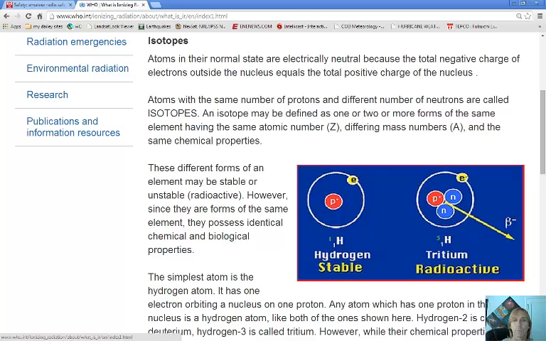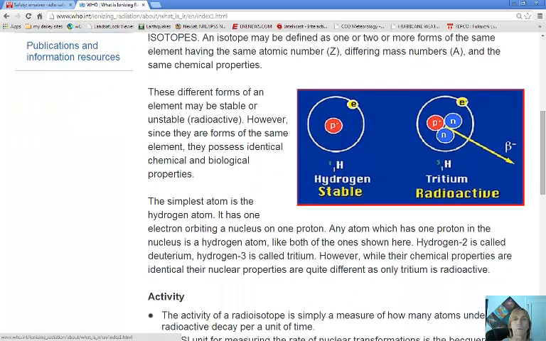An isotope may be defined as one of two or more forms of the same element having the same atomic number, Z, differing mass numbers, A, and the same chemical properties. These different forms of an element may be stable or unstable, radioactive. However, since they are forms of the same element, they possess identical chemical and biological properties.